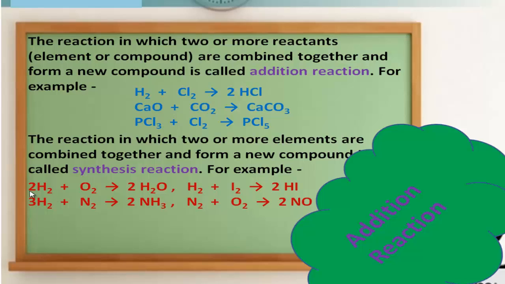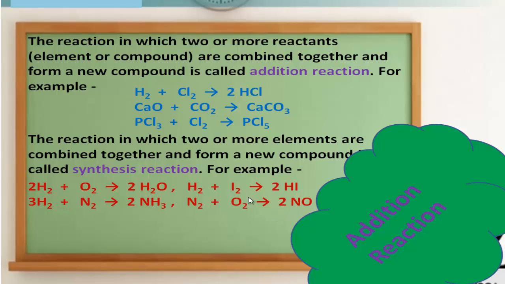For example, follow here, hydrogen reacts with oxygen to produce water. In all these examples, all reactants are only elements, not compounds, and the number of product is always 1.